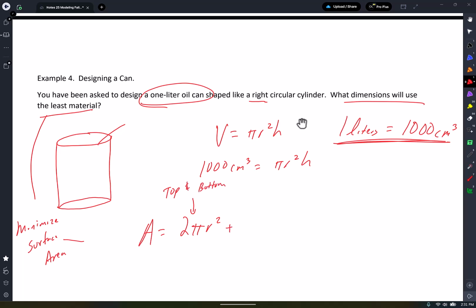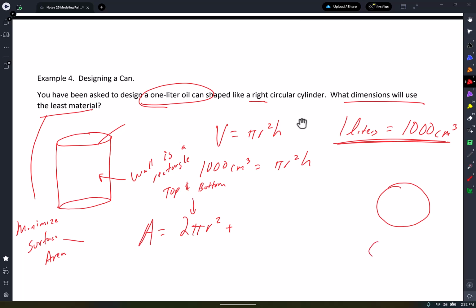Plus, and then the wall of the cylinder. Because it's a rectangle. Do you guys see that? So I'm going to put wall is a rectangle. So length times width. So the length is whatever goes around this circle. So that is called what for the circle? If I want to know the distance around a circle, what is that called?